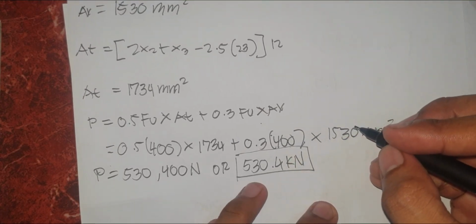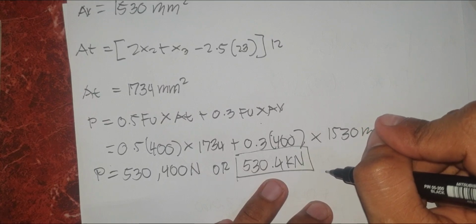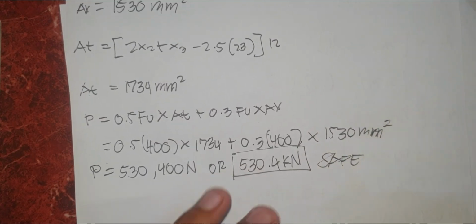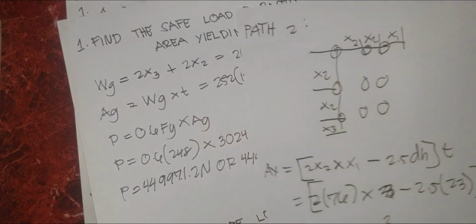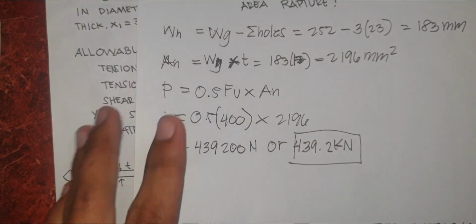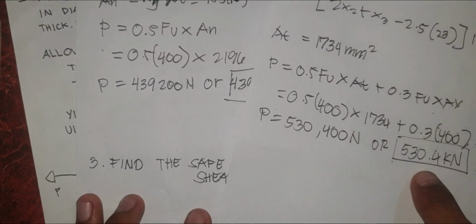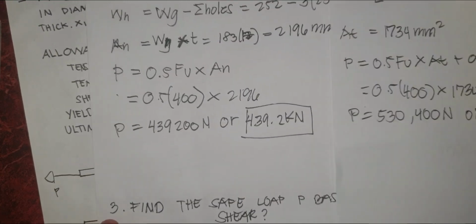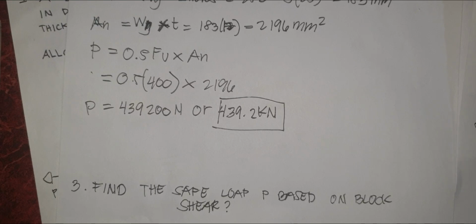So 530 is less, so 530 is safe. So the answer is 530.